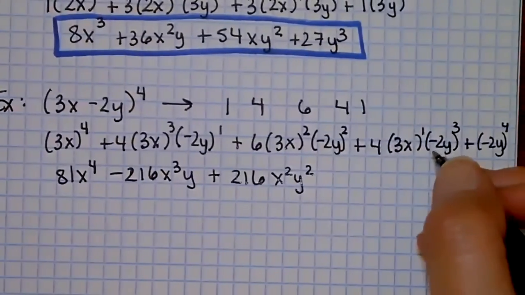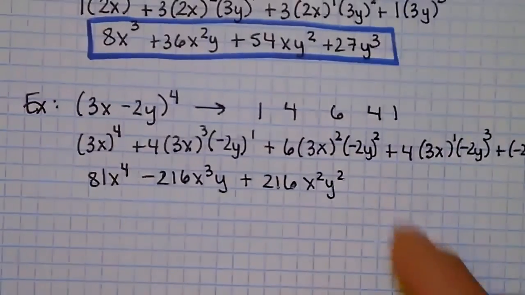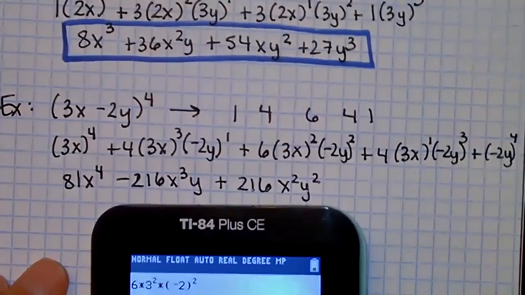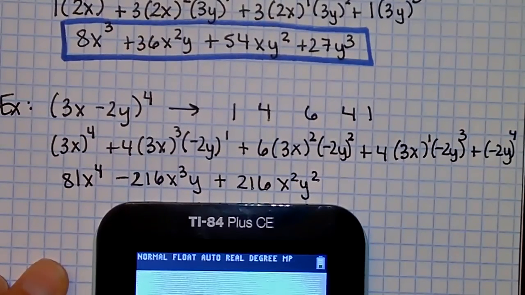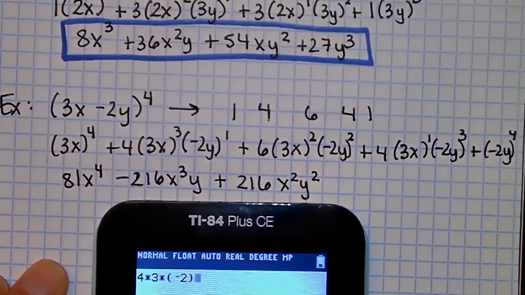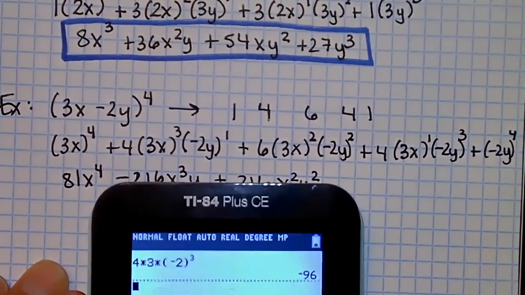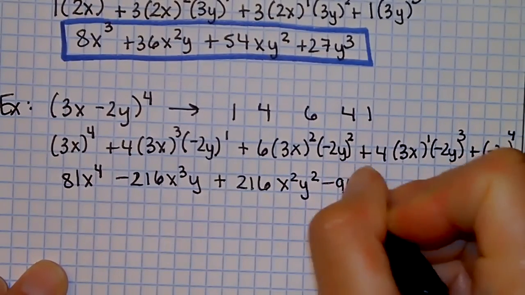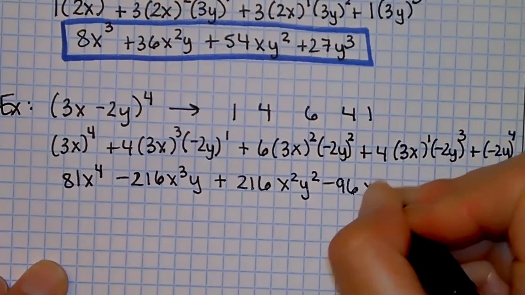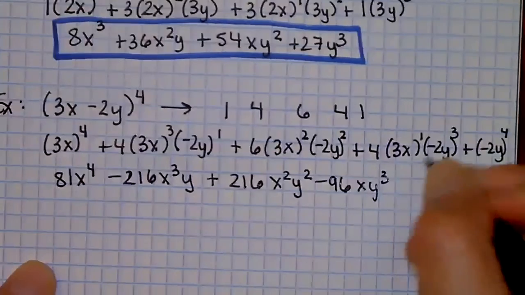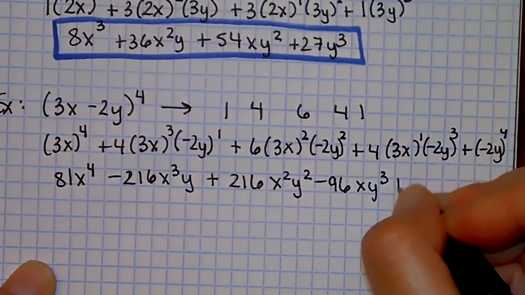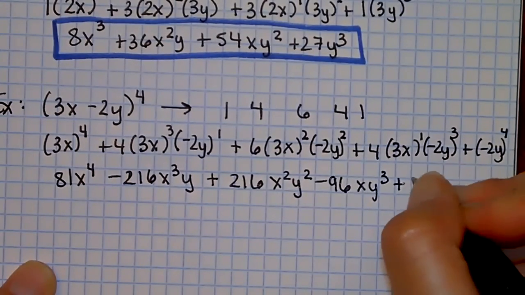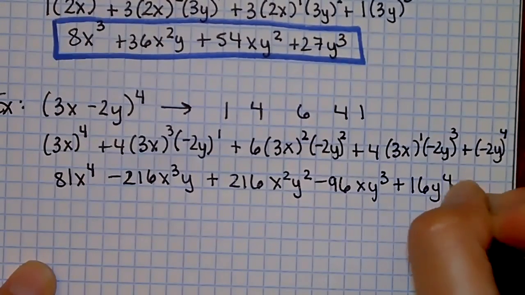Now the next one is going to be a minus, because it's going to be a negative to an odd power. And I have 4 times 3 times negative 2 to the 3rd, and that's going to give me a negative 96. So it's minus 96xy to the 3rd. And then here a negative 2 to the 4th is 16. So I have 16y to the 4th.